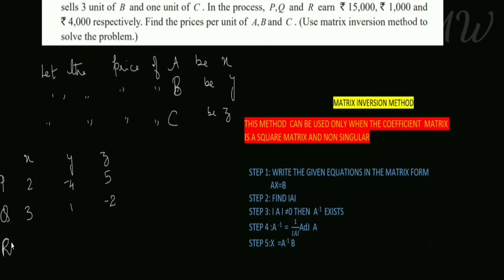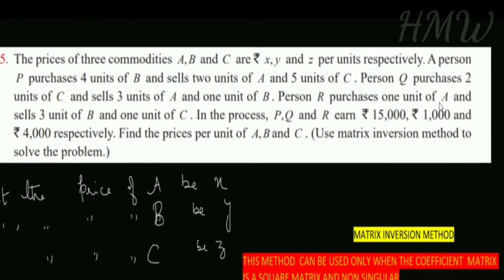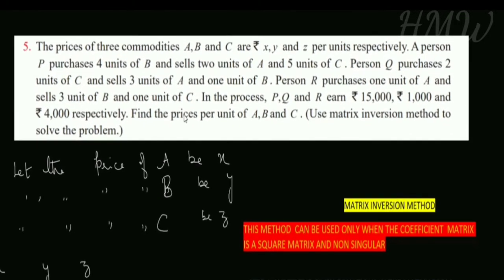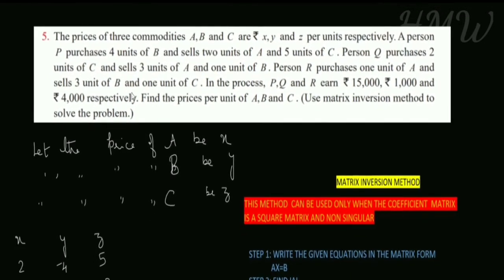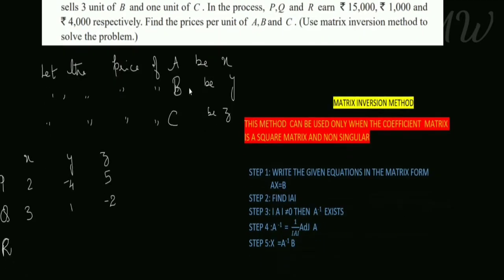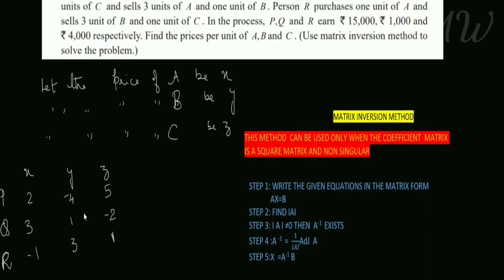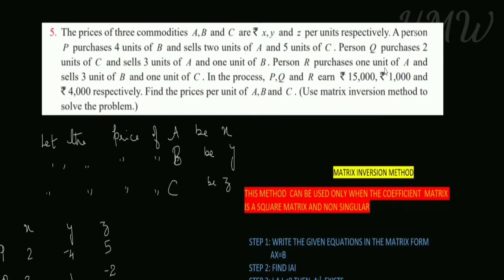And for the person R, what is R doing? He is purchasing 1 unit of A, purchase is negative, so minus 1 unit of x, product A, and he is selling 3 units of B and 1 unit of C, positive.